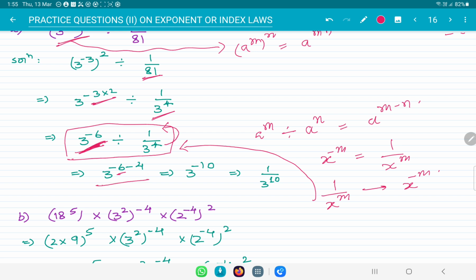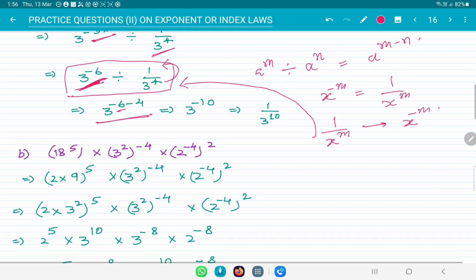So we can write 3 raised to the power minus 6 minus 4, which is 3 raised to the power minus 10. Now since we have to write our answer in positive power, we can write 1 upon 3 raised to the power 10.